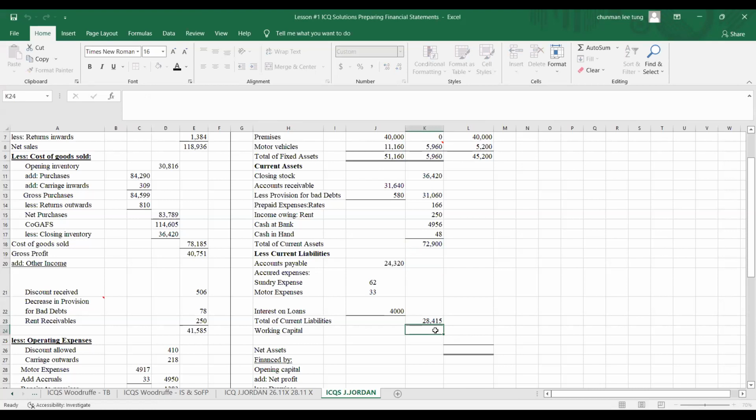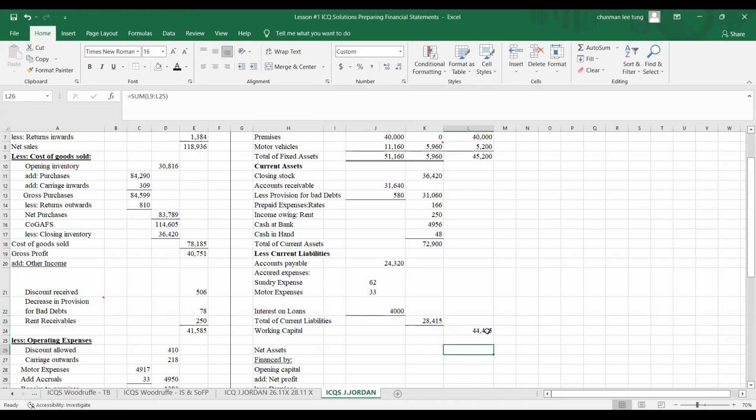So yes, correct. Our working capital total to be 44,485. Very good, Ariel. So working capital is 44,485.